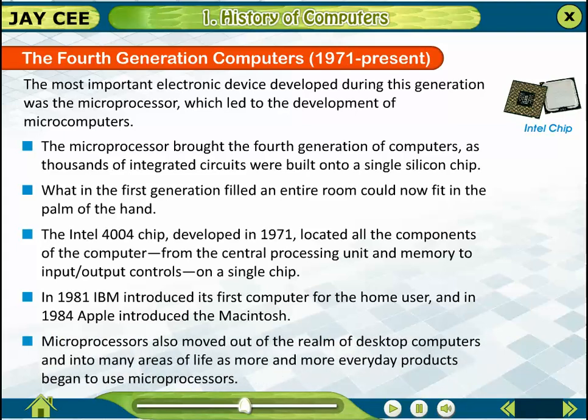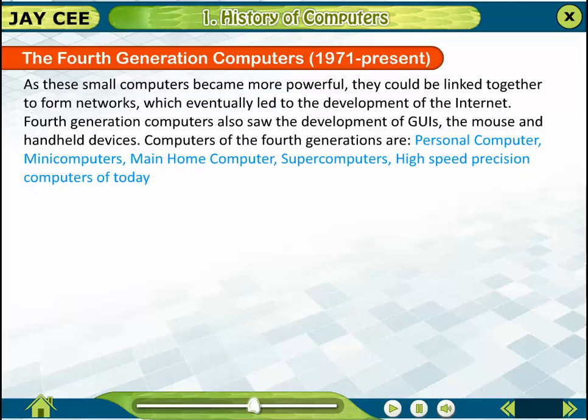Microprocessors also moved out of the realm of desktop computers and into many areas of life as more and more everyday products began to use microprocessors. As these small computers became more powerful, they could be linked together to form networks, which eventually led to the development of the Internet.